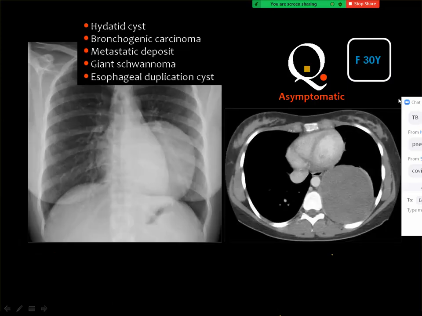Then this patient is asymptomatic, and she had a big mass located posteriorly, and these are the differential diagnoses: hydatid cyst, bronchogenic cyst, metastatic deposit, schwannoma, esophageal duplication cyst. Hydatid cyst, okay, and sometimes you have the right to say that this is hydatid cyst because you feel that this lesion is cystic.